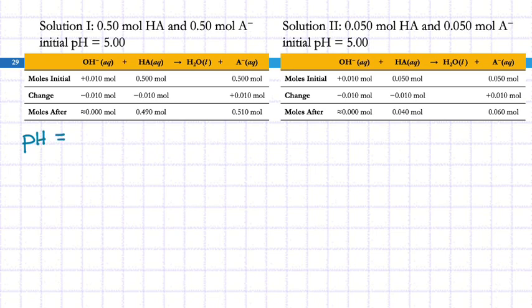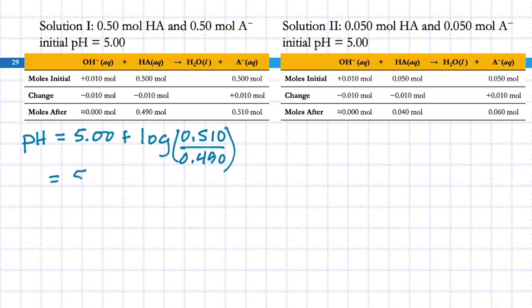So the pH of that new solution is 5.0, the pKa, plus the log of the base, 0.510, divided by the acid. 5.0174.